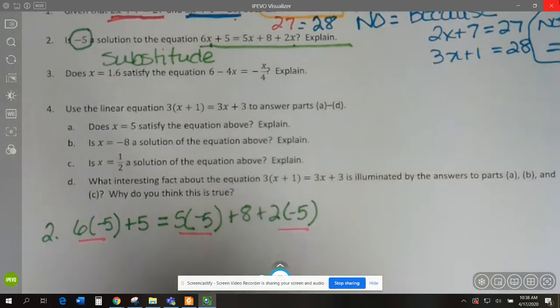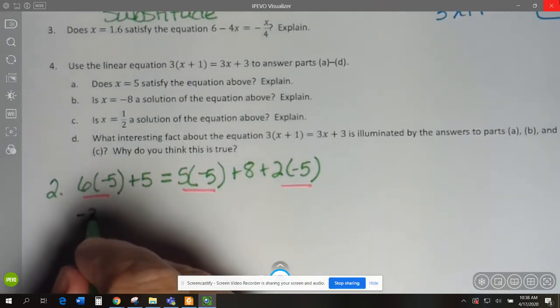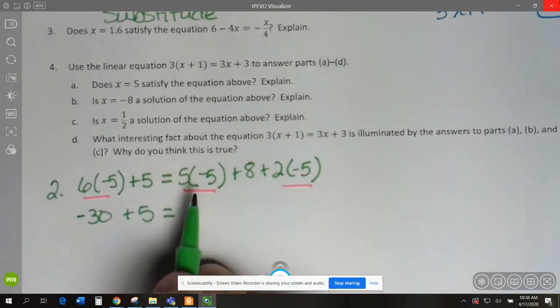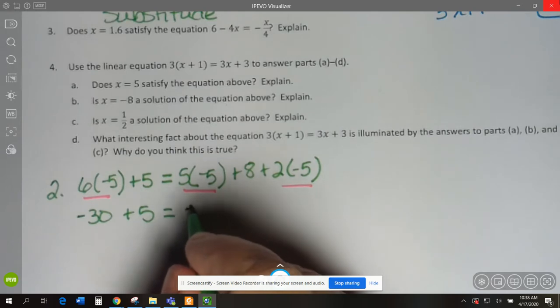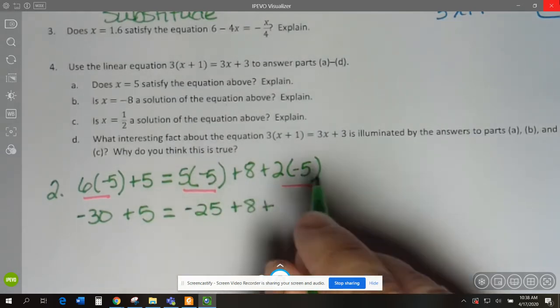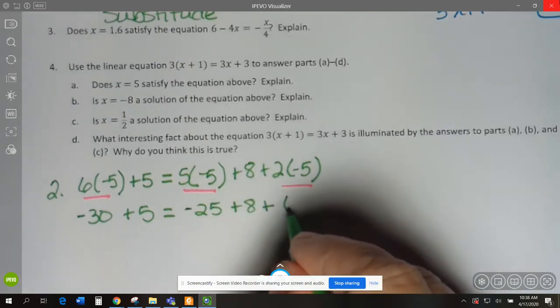So 6 times negative 5 is negative 30 plus 5 equals 5 times negative 5 is negative 25 plus 8 plus 2 times negative 5 is negative 10.